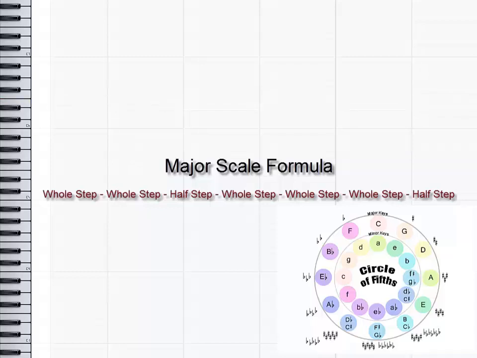So this time in E major, we had 4 sharps. F sharp, our first sharp from D major, G sharp from A major, C sharp from D major, and D sharp from our E major.